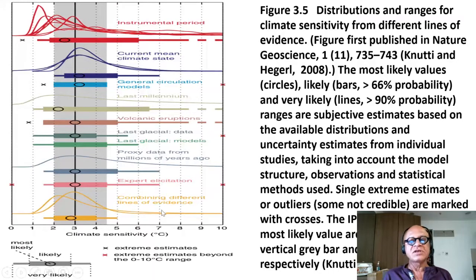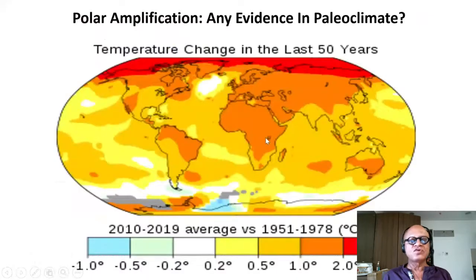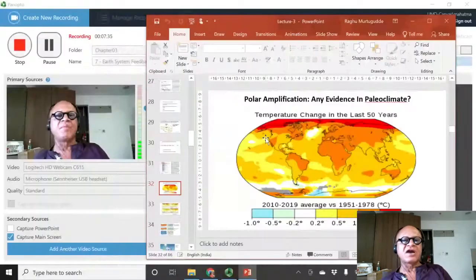And this is combining different lines of evidence, so somewhere here. These are difficult issues, but still we need these, so we have to deal with them as they come.